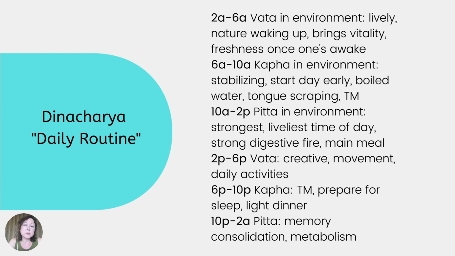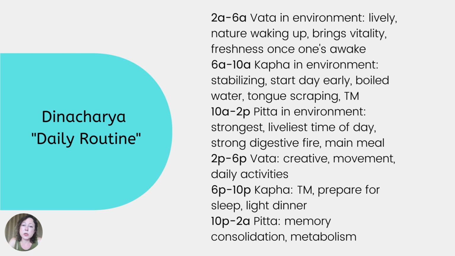So our digestive fire, our digestion is strongest in the middle of the day during pitta time, between 10 and 2. There is a connection or a relationship between our digestion and the sun. So the more we can attune to the rhythms in our environment, the more balanced our own physiology will be.